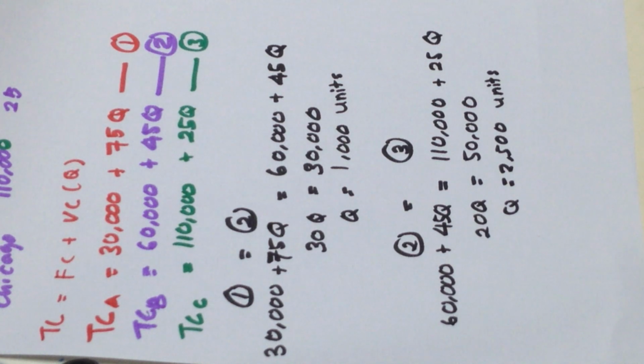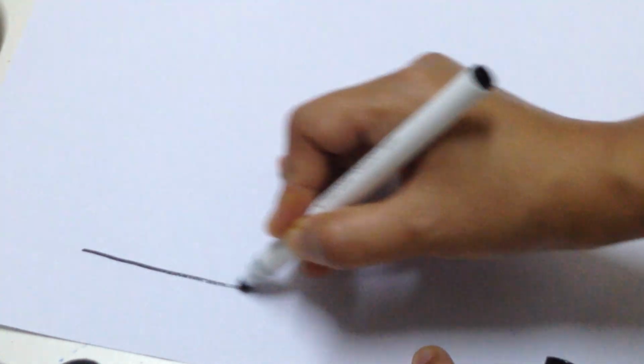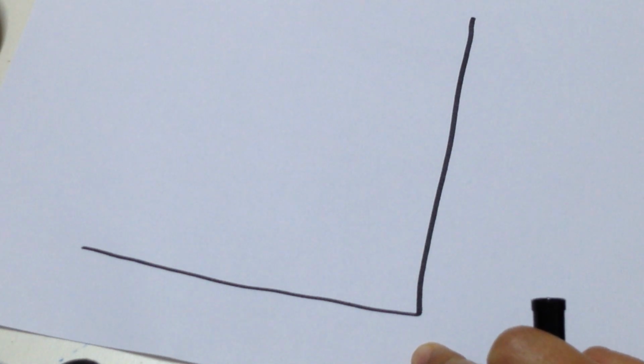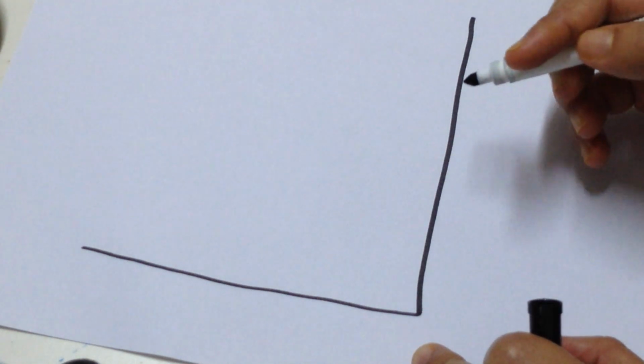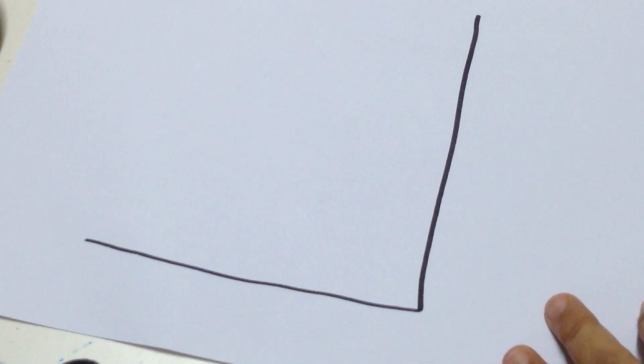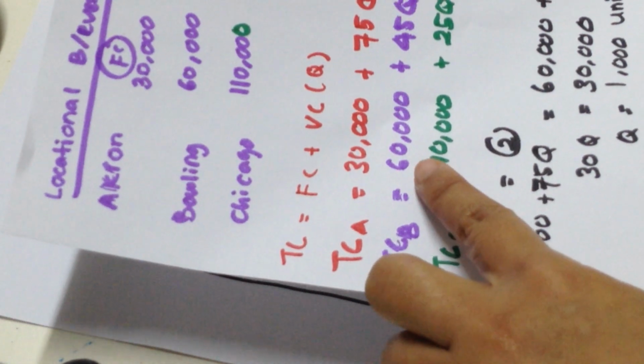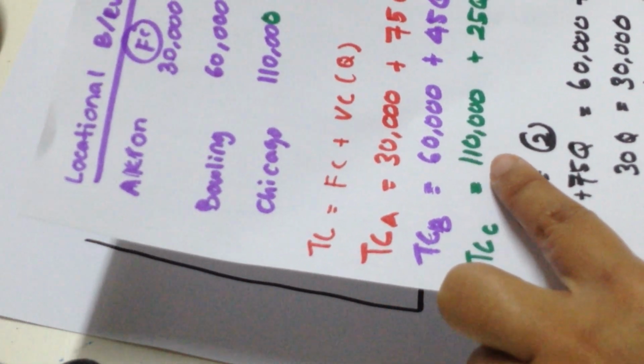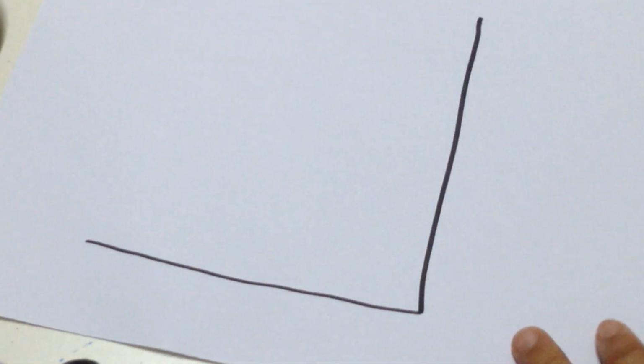Okay, so next, we want to make a graph. For A, we have the fixed costs here: 30,000, 60,000, 110,000.